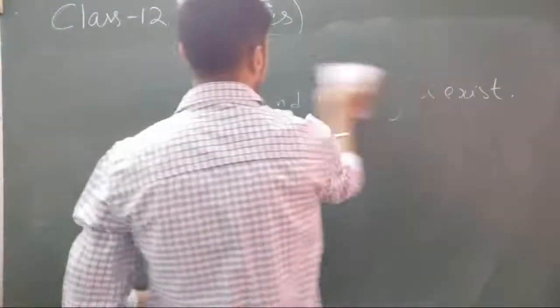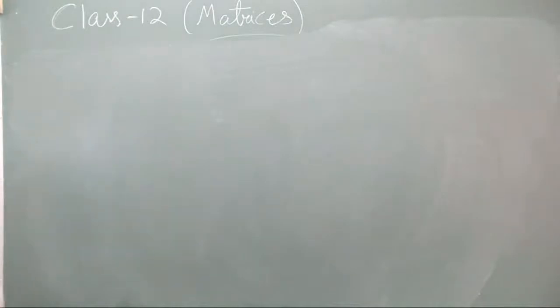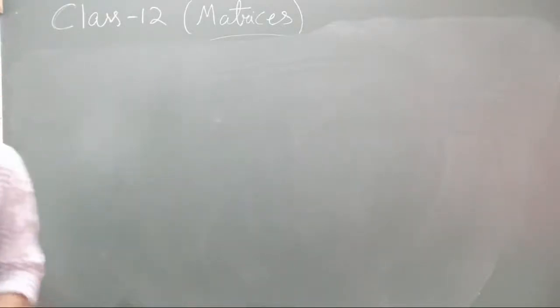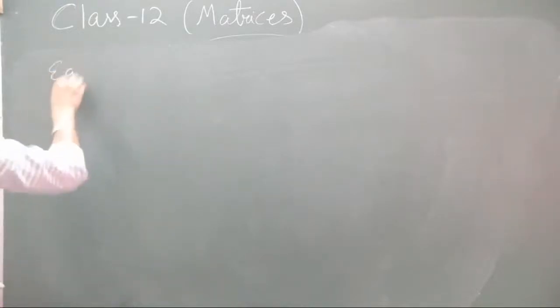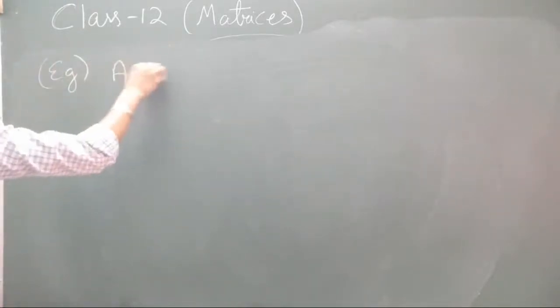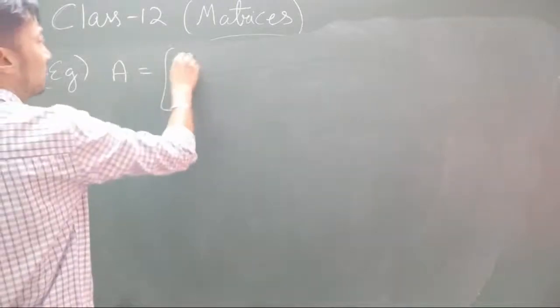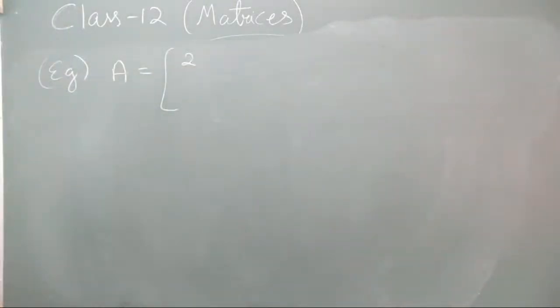So that is matrix multiplication. I'll give you an example, and only in the next session will we do matrix multiplication in detail. But now I'll give you an example for you to digest. Let's see what is really meant by matrix multiplication.